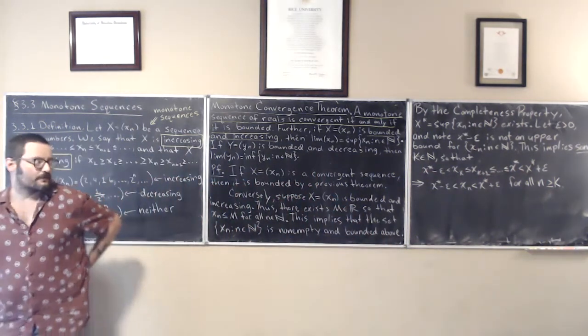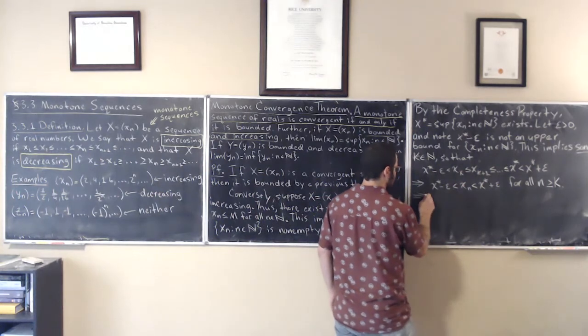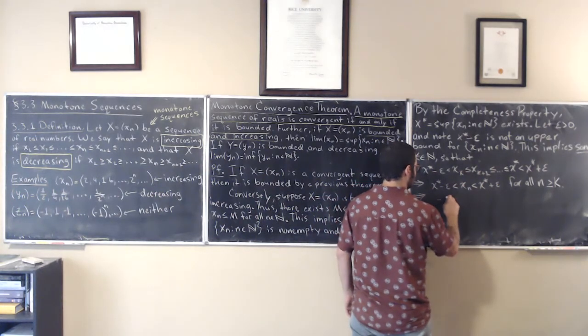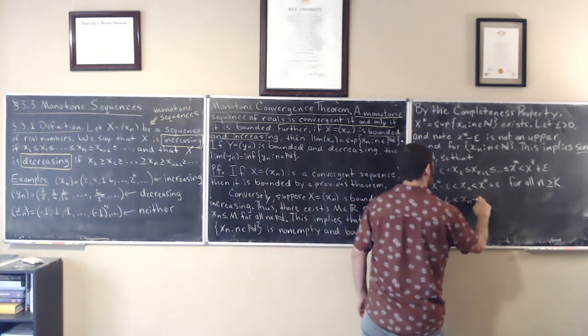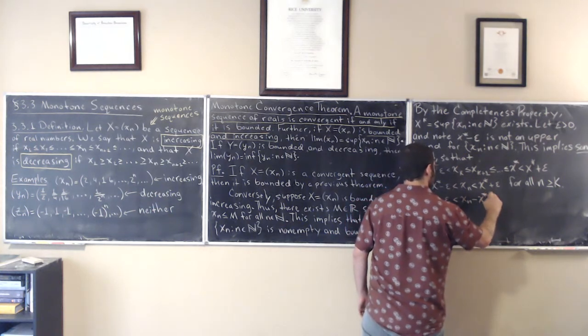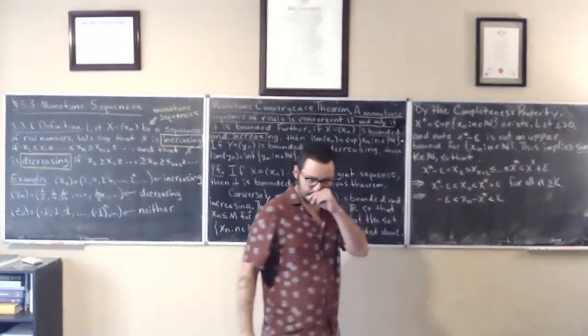And we're almost there, right? Because what does this imply? This is the same thing as writing that minus epsilon is at most x n minus the supremum, which is at most epsilon.